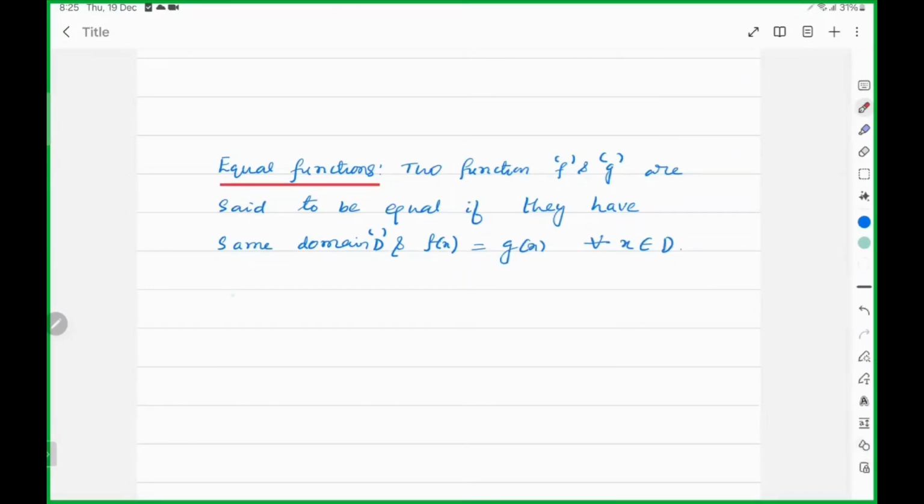So let us see a few examples. f of x is x, g of x is x squared over x. Generally what we do is we cancel and we write x.